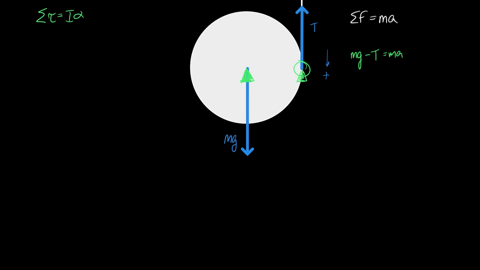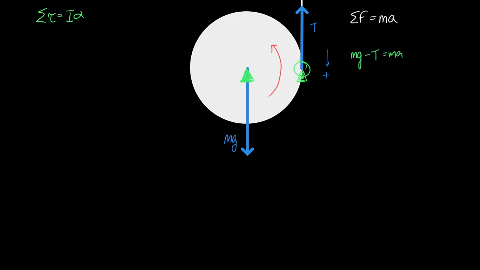We made downwards positive. I think it probably wouldn't be a bad idea to make this direction the rotational equivalent of positive. So out of the board is positive for our rotational direction. Then you had to choose a pivot point. It's probably not in your notes, but you said you don't know where to start. I'm telling you where to start.